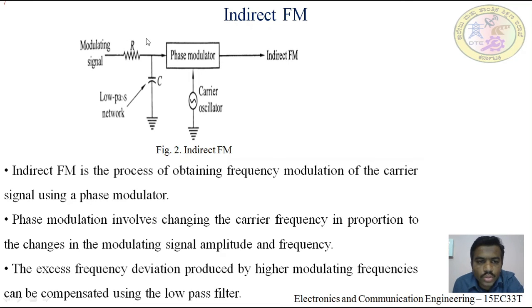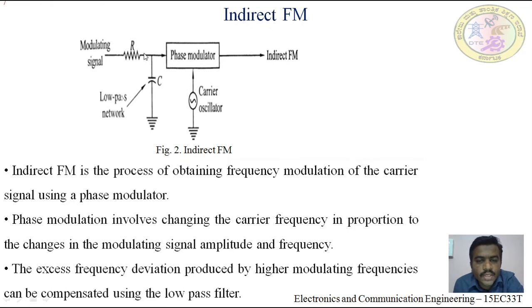Using this circuit, we are trying to generate a frequency modulated signal. That is, the frequency of the carrier should change according to the changes in the amplitude of the modulating signal. The changes in the frequency of the modulating signal should be suppressed. This is done by using a low pass filter.